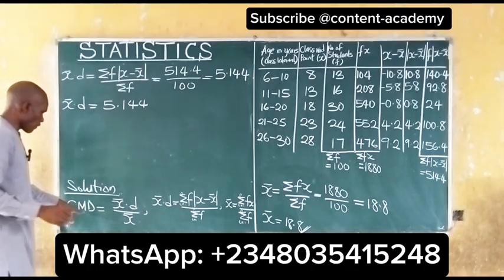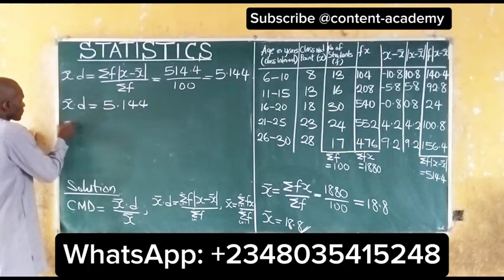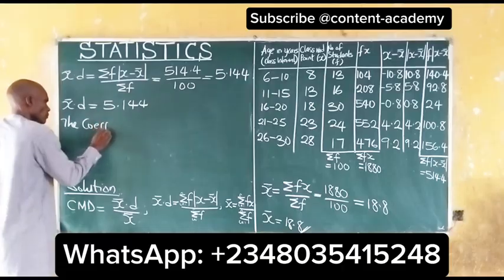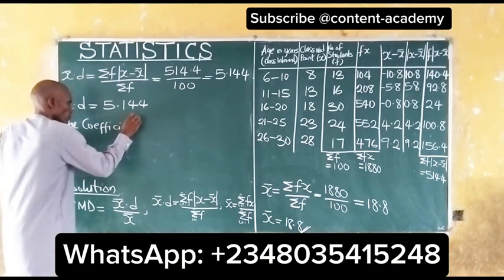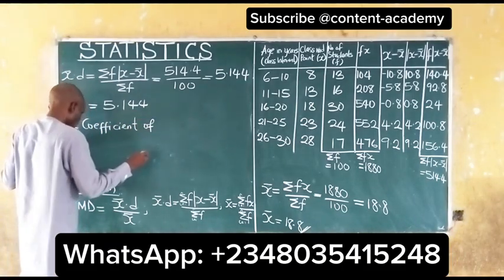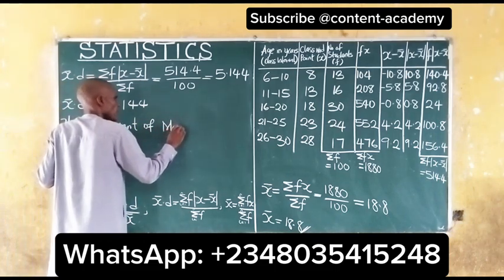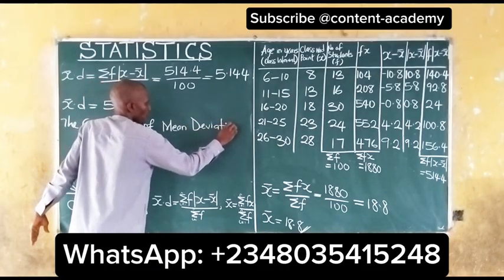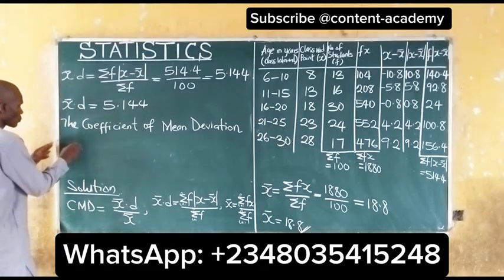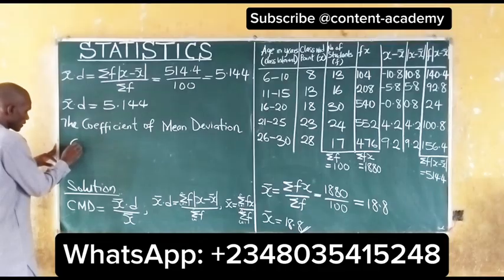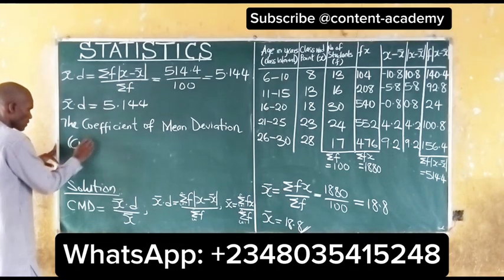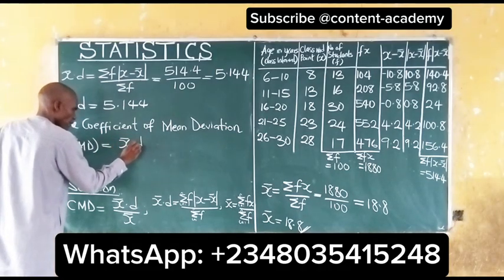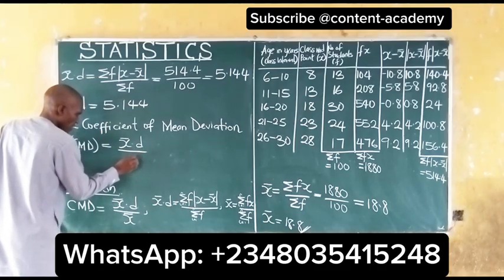Now, the coefficient of mean deviation, that is CMD, is equal to x bar multiplied by the deviation all over x bar.